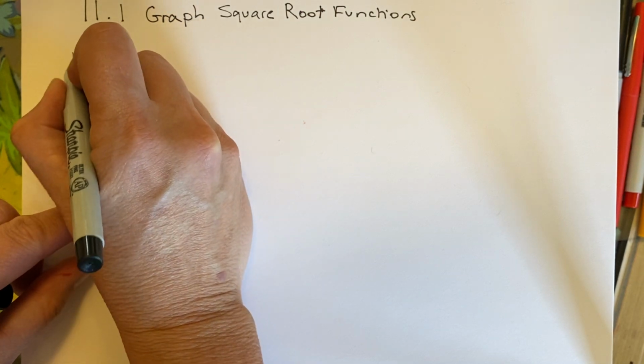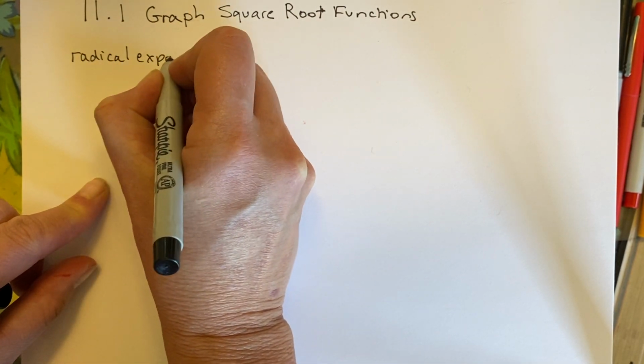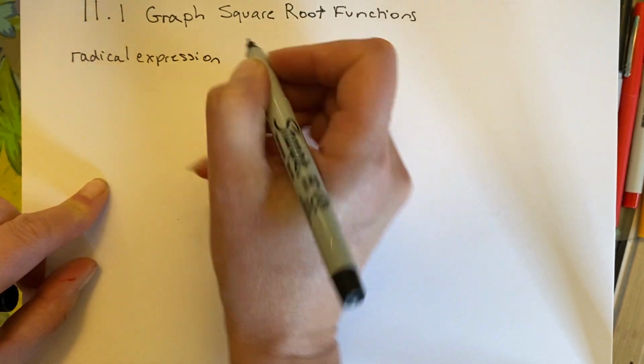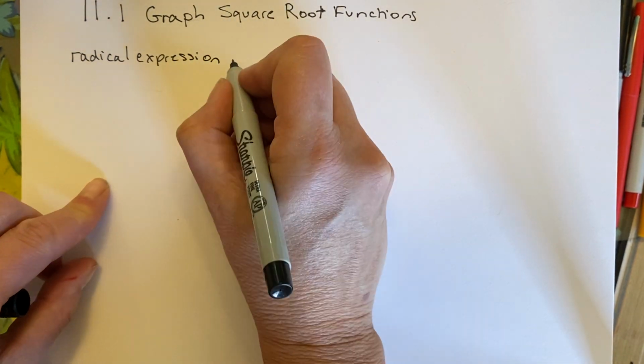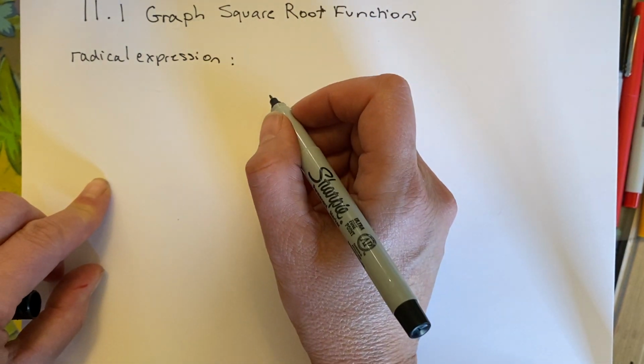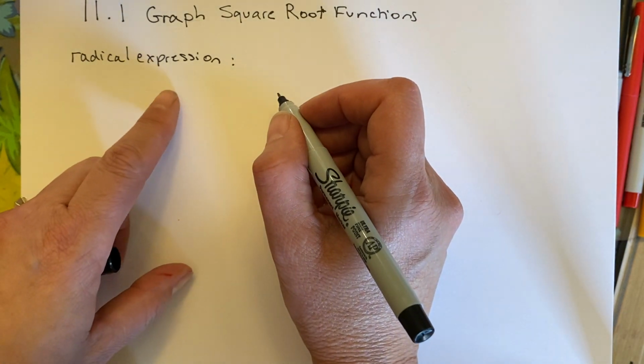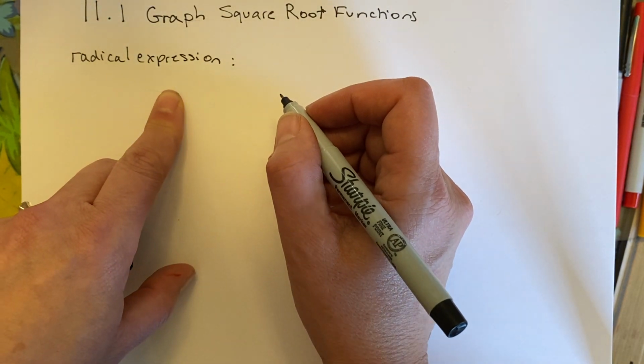The first one, and you can see this in your book, is a radical expression. Now, if you remember, an expression is not an equation. It usually contains numbers and operators. And if it's an algebraic expression, it contains a variable.